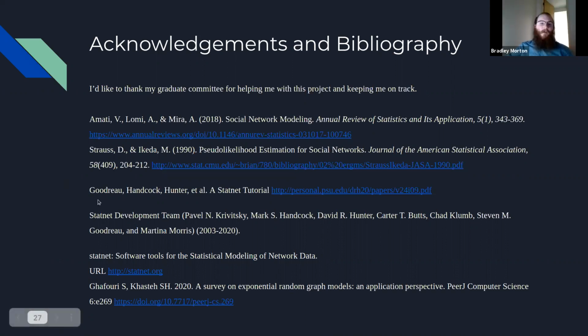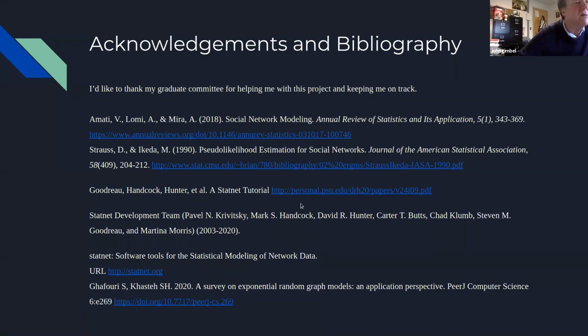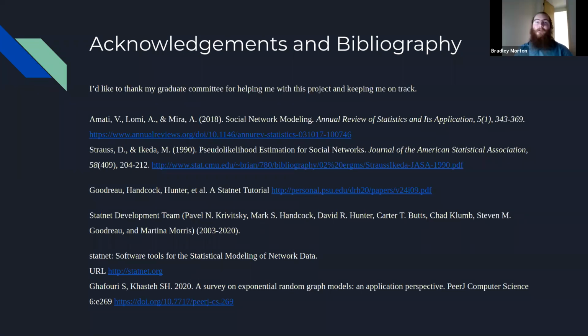I got examples from the StatNet tutorial package, which has examples working through problems online. There are textbooks on this subject, although I do not own one at present. What are they? I do not remember their names offhand. I was looking at them a couple months ago. Okay, great. Thank you.